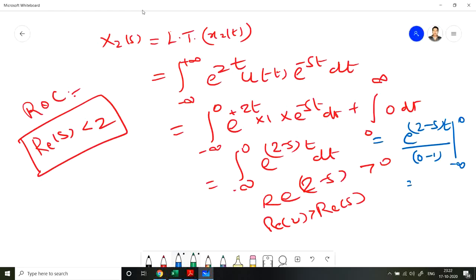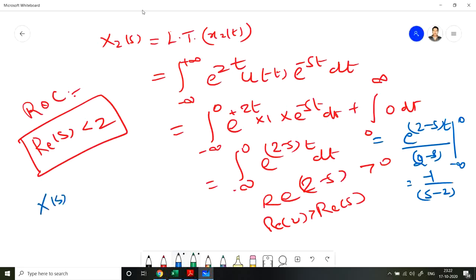When we put t equal to 0, it is equal to 1, so we have minus 1 divided by s minus 2. So this is our solution: minus 1 divided by s minus 2.